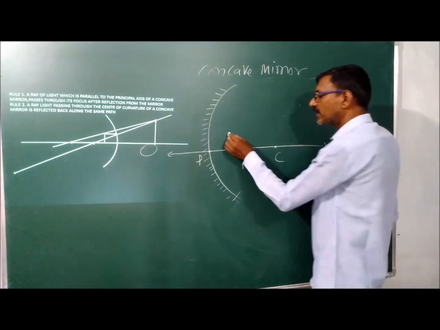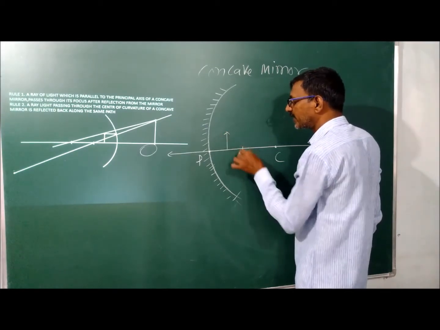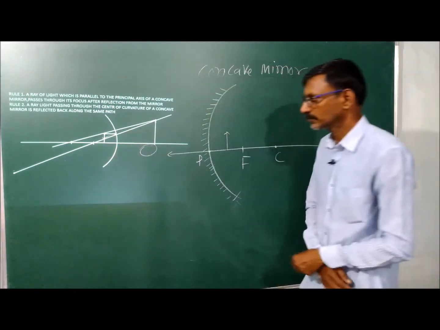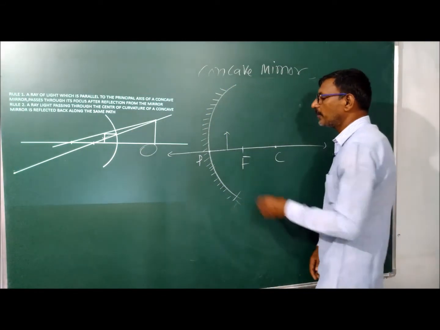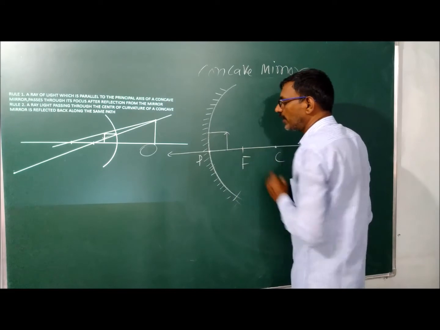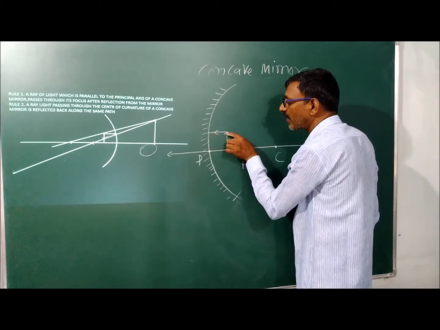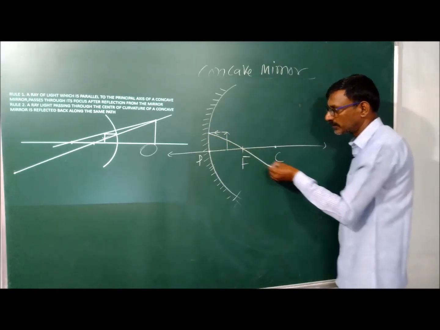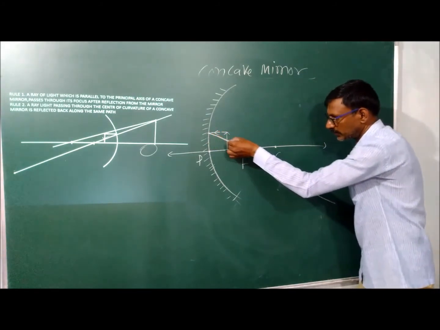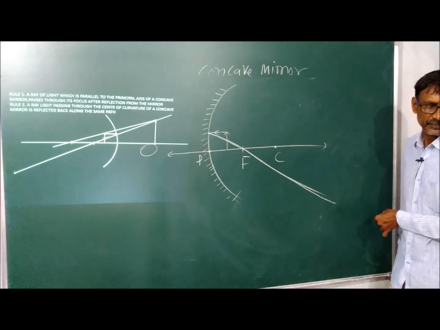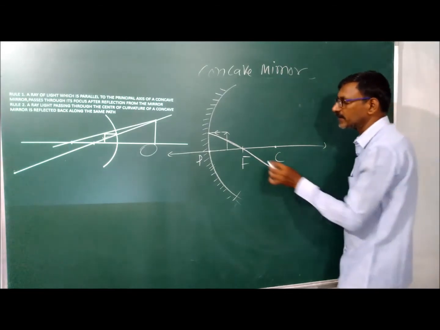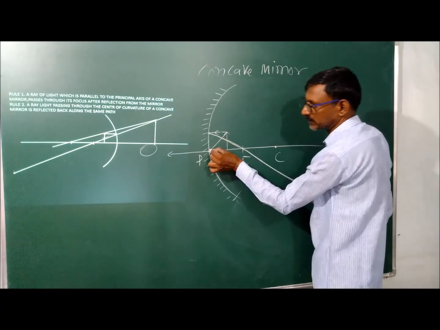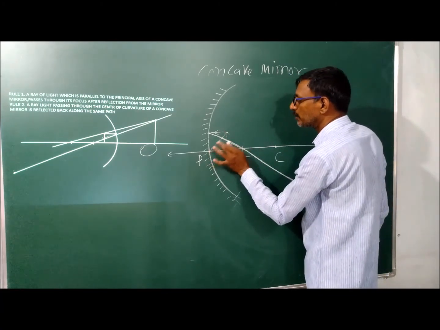So now my object is exactly here. If you take a ray traveling parallel to the principal axis, it bounces back like this. Now see the next. Already explained, if it is going through the focus, or you do one thing, that's better.